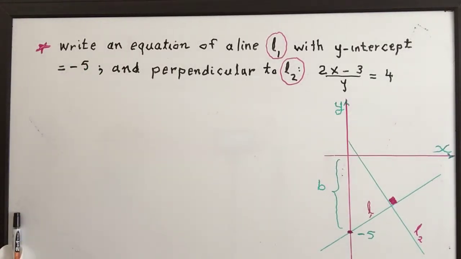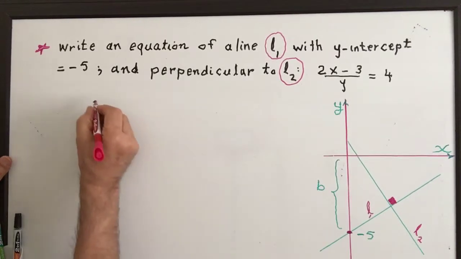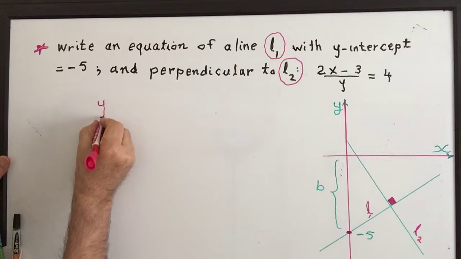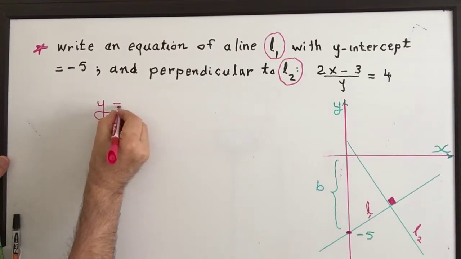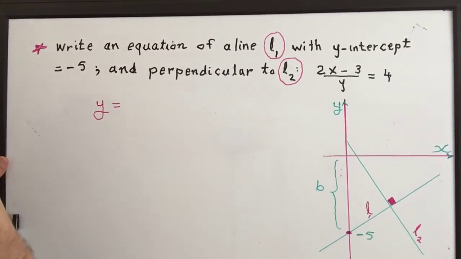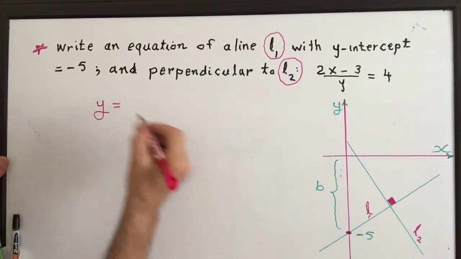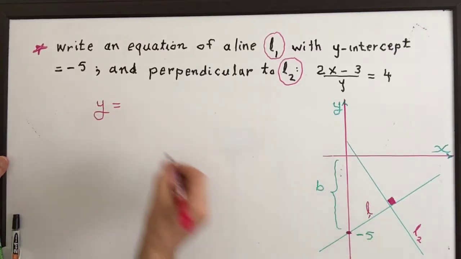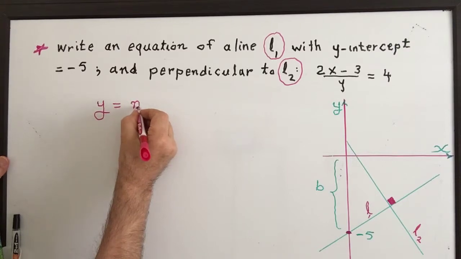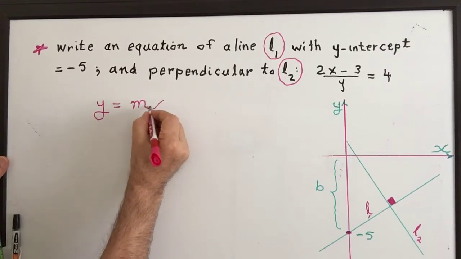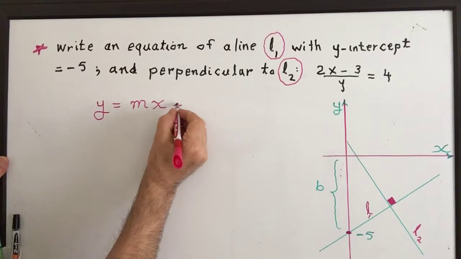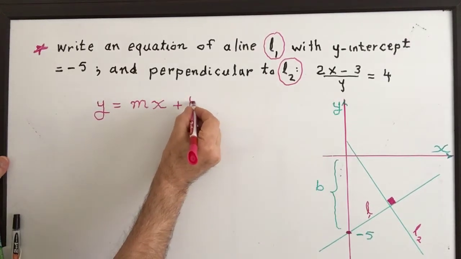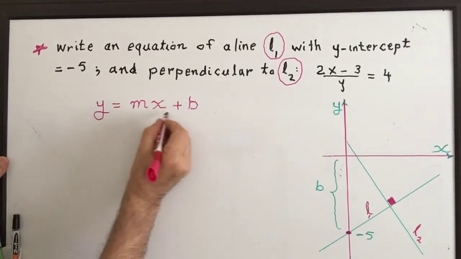To write the equation, we use the rule we know about the slope-intercept form: y is equal to mx plus b.